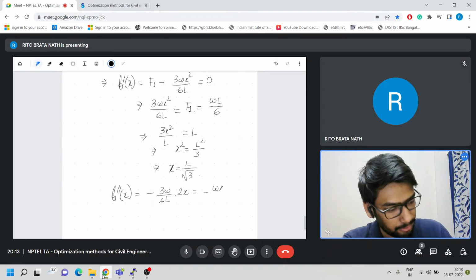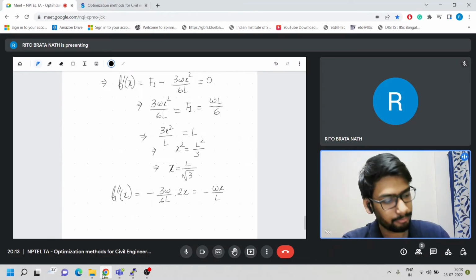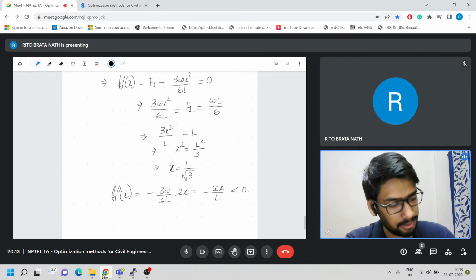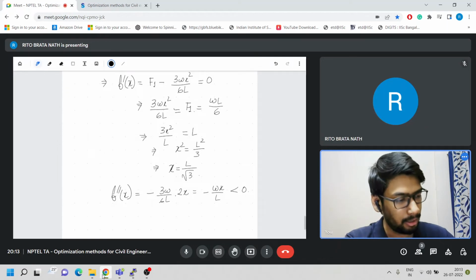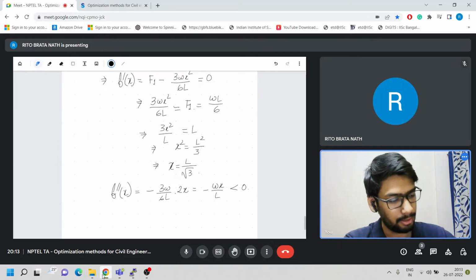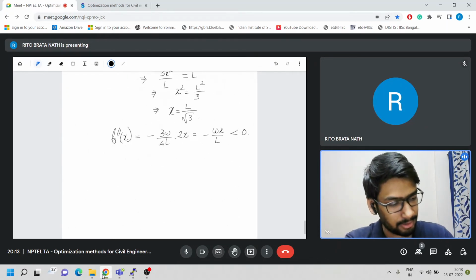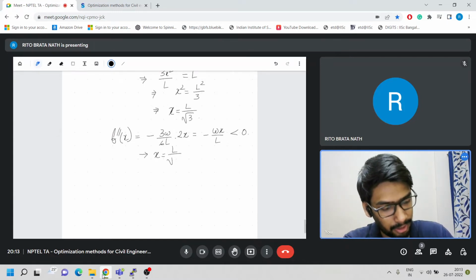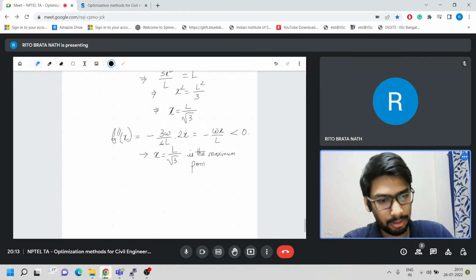You will be left with Wx by L. So obviously this is less than 0 because x, L, and W are all positive here. Pardon me for that. Okay. So this essentially tells you that x equals L by root 3 is the maximum point of f(x).